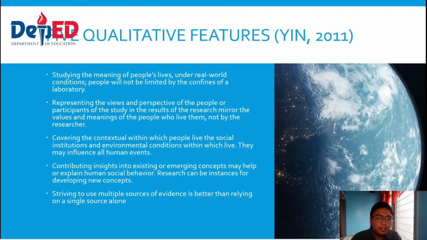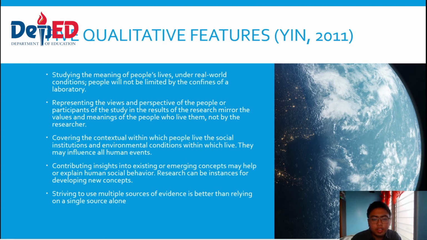Natutusin. 5 qualitative features. First, studying the meaning of people's lives under real-world conditions. People will not be limited by the confines of a laboratory. Okay, sa qualitative research, this according to Yin, 2011. Okay, mas maganda mo observe ang tao and its natural surroundings. Okay, real-world scenario. At dun mo makuha yung talagang meaning kung bakit ganun ang kanilang ginagawa.